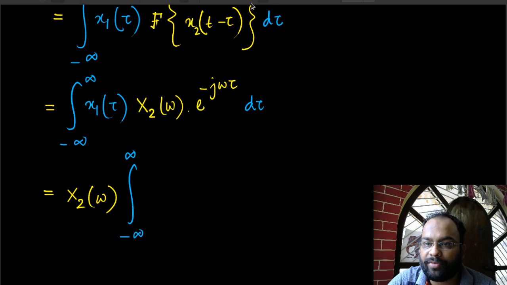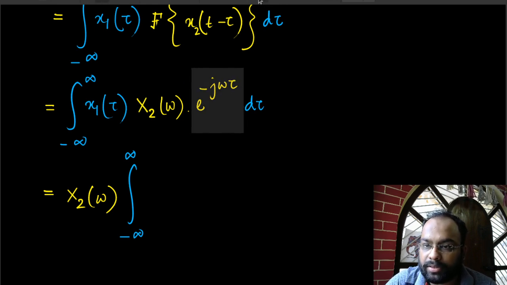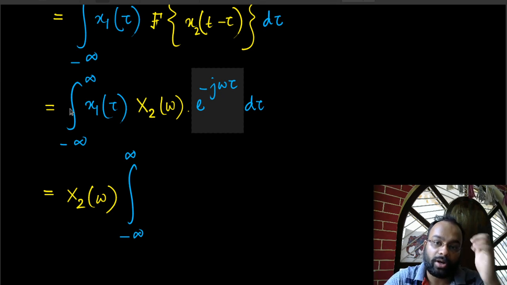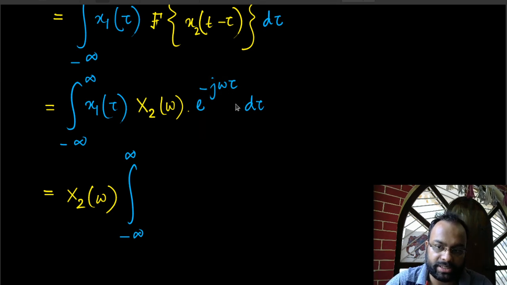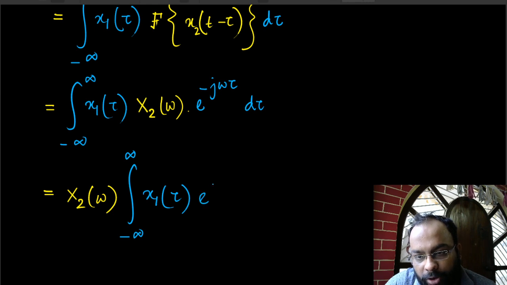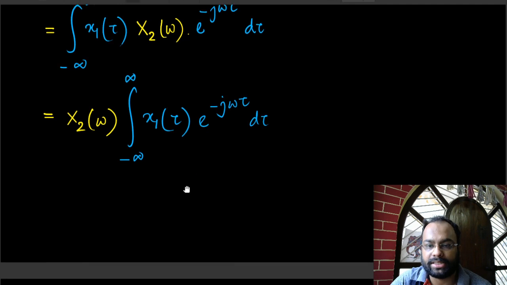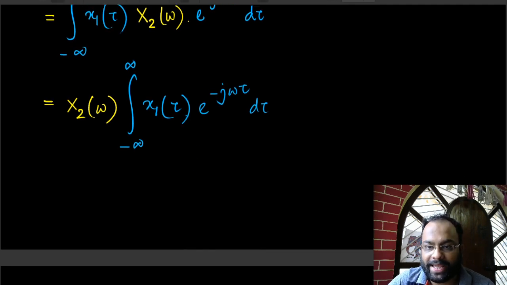Now look again very carefully that this is not independent of the integration anymore. Although this entire thing came from this Fourier transform, this is no longer independent of the integration, because this has tau in it. So I have x1 tau e to the power minus j omega tau d tau. What is this? Tau is again a dummy variable. You could write t here.